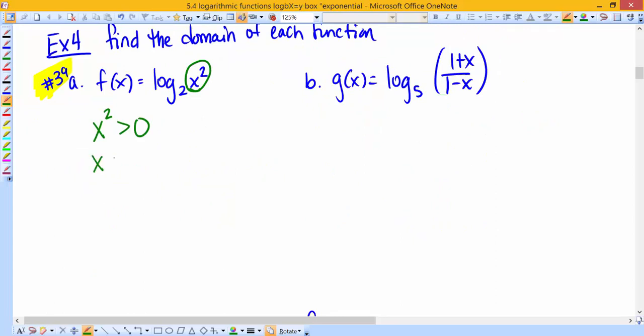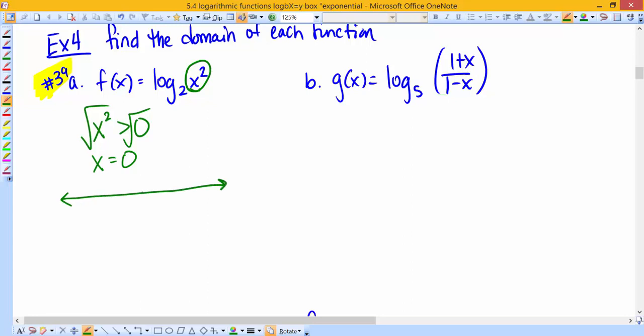Whoa. I would square root this and I would get plus or minus 0. Well, I am not sure if this has to be greater than 0 or less than 0 because of that whole squaring process.